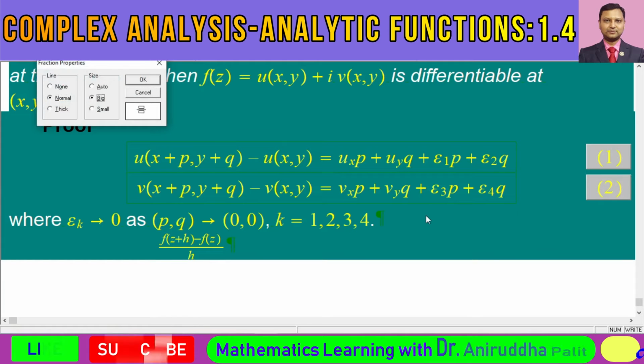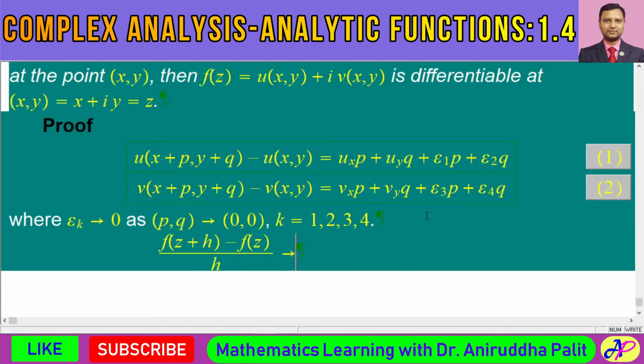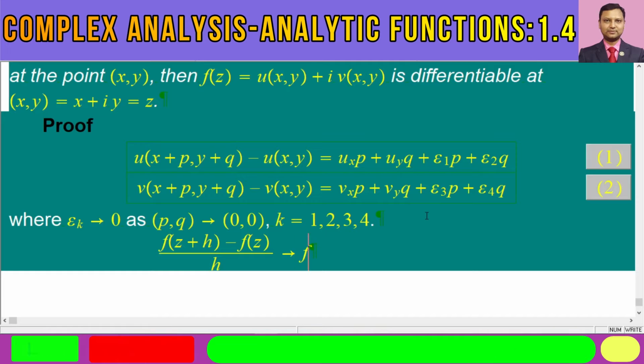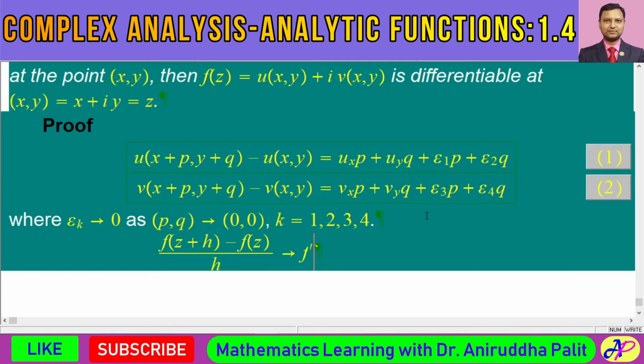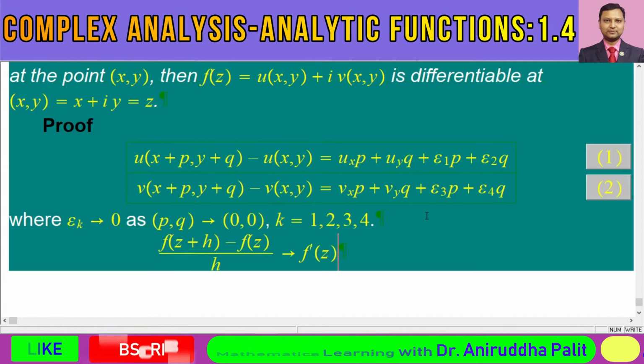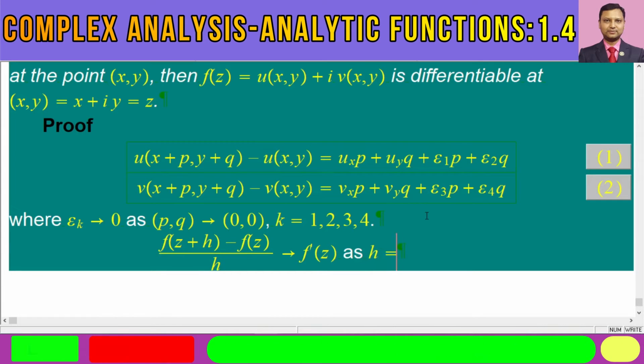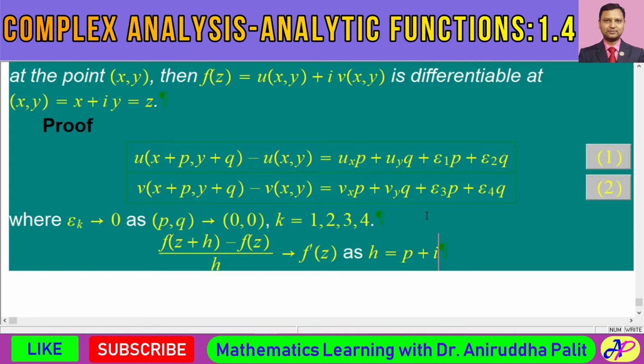We need to show that this is tending to a certain definite number, f dash z, as h tends to 0, and h is equal to p plus iq tends to the complex number 0.